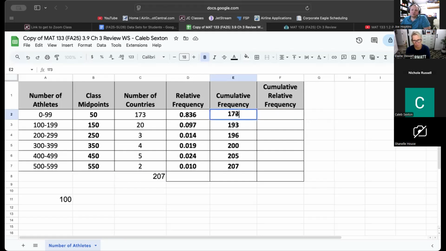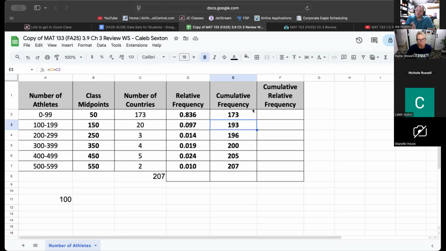Can you do equals C2? Or you can do equals and click cell C2. And then hit enter. It doesn't look like it changed anything because it's still 173. But what it's doing is basically saying, go two cells to the left to wherever C2 is and grab the value that's there.